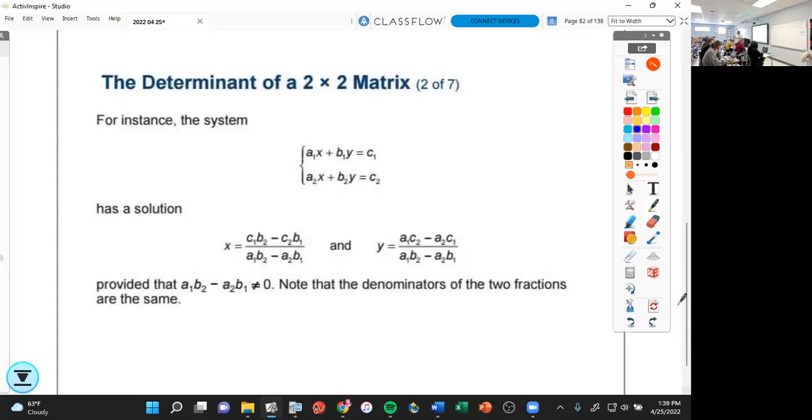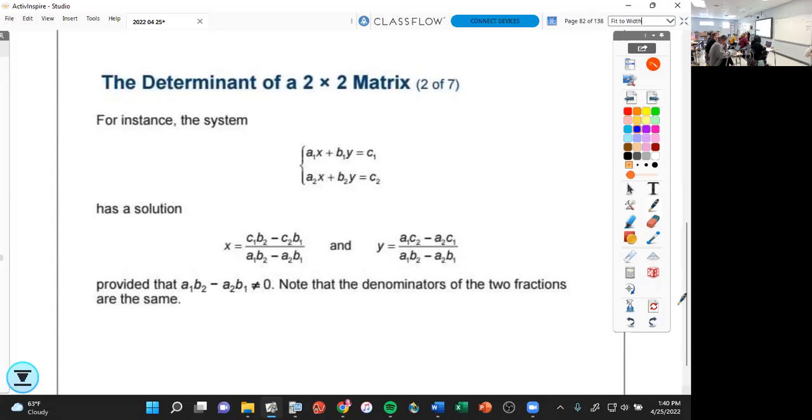The numbers just indicate different coefficients. To find the determinant, I'm going to take a1 times b2, that's the down diagonal, and subtract a2 times b1, that's the up diagonal.